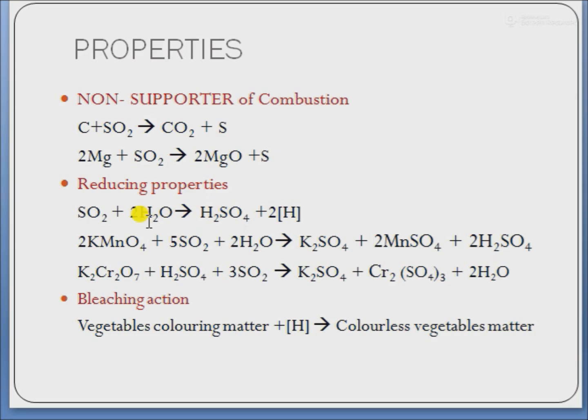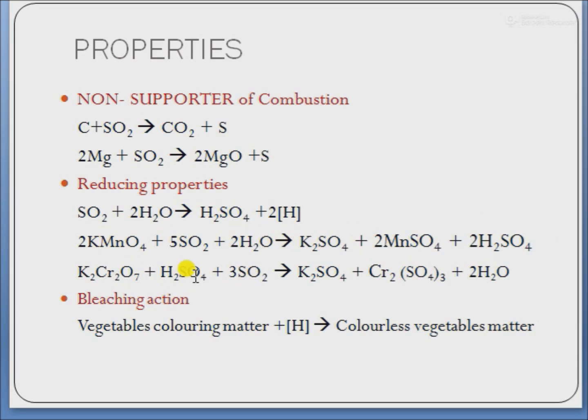Next, it shows a reducing property. It means it acts as a good reducing agent. SO2 plus water gives H2SO4 plus nascent hydrogen. This nascent hydrogen is used for the reducing property. It acts as a reducing agent. Here it reduces KMnO4 to MnSO4 and K2SO4 plus water.